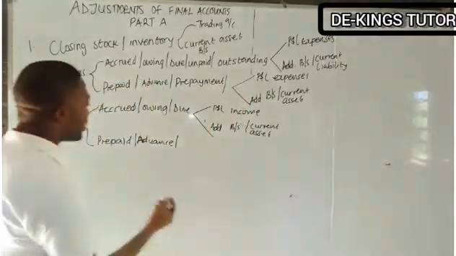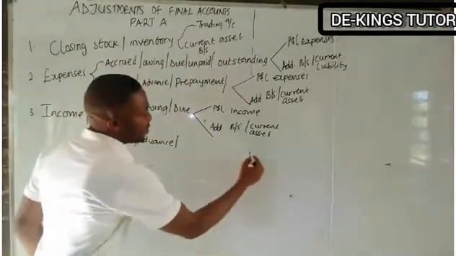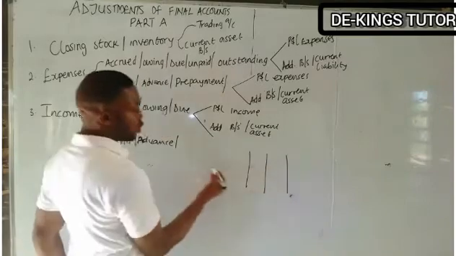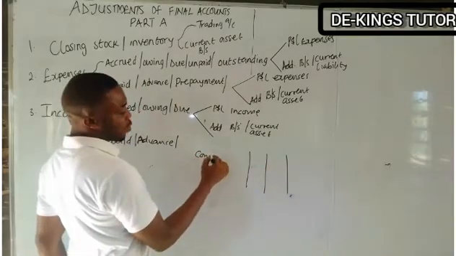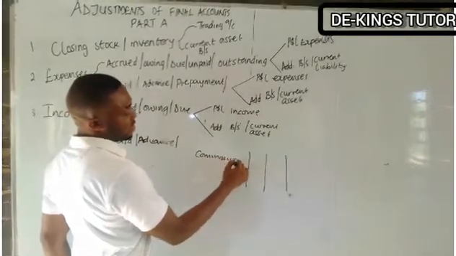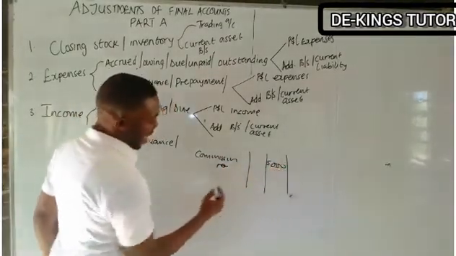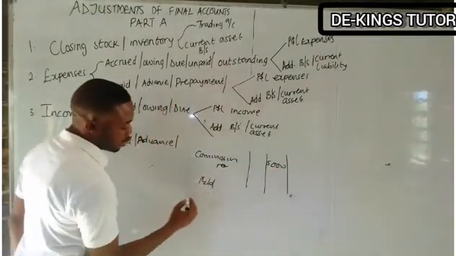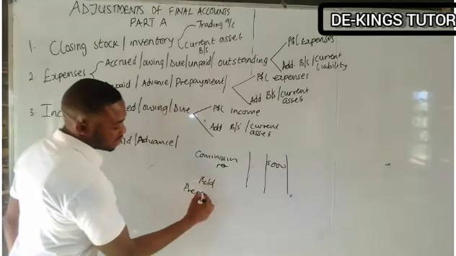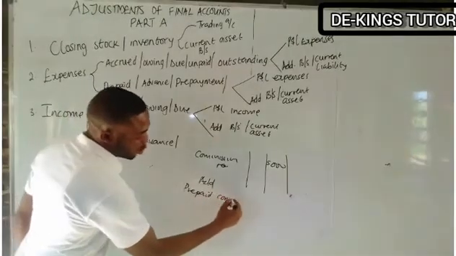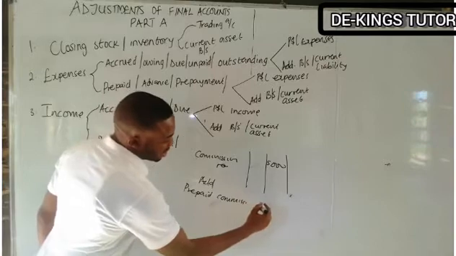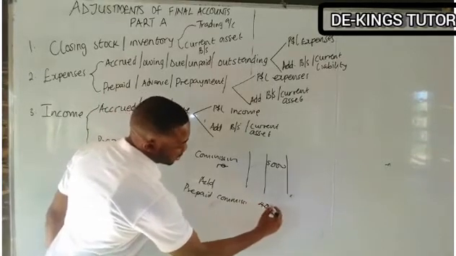Okay, so in this situation now, if we have, let's say, a trial balance and that same commission received, for instance, let's say it is 5,000, and the additional information says the prepaid commission, or the commission paid in advance, is, let's say, 4,000.